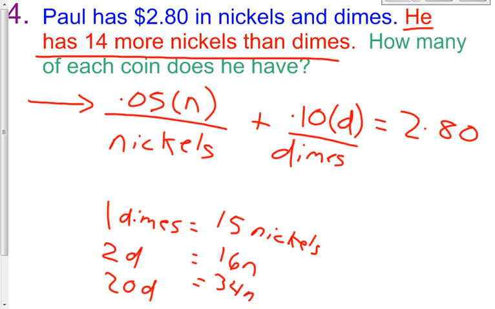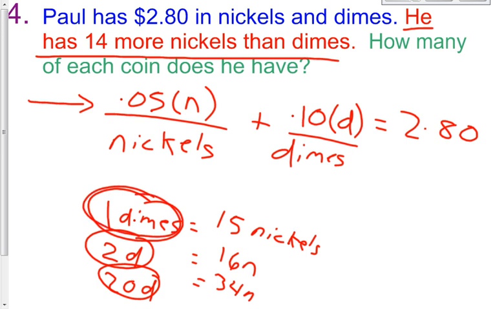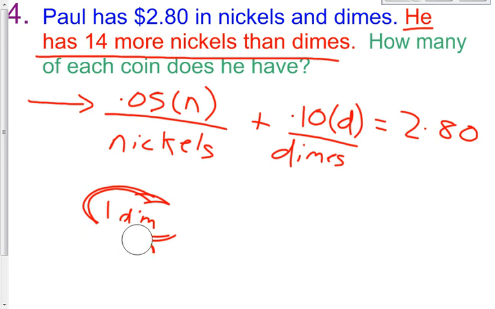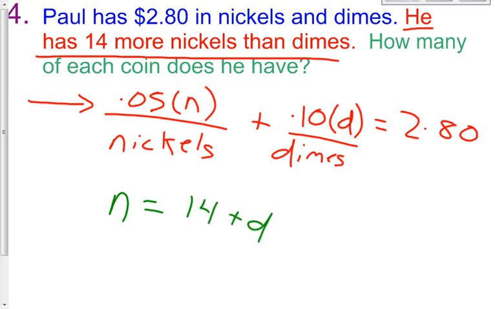All I'm doing is adding 14 to the amount of dimes he has to give me the amount of nickels. So with that being said, my next equation, the amount of nickels that he has, is 14 plus the amount of dimes that he has.